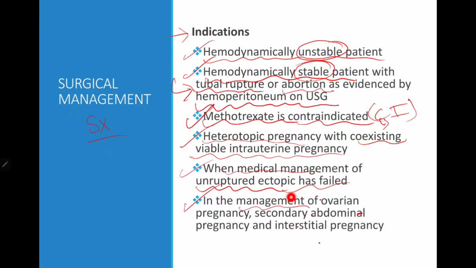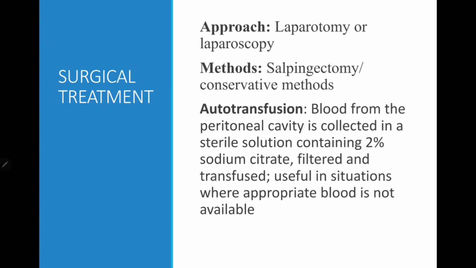In the management of ovarian pregnancy, secondary abdominal pregnancy and interstitial pregnancy, definitely surgery is opted. Now let's look at the approach of this surgery. The main approach of surgery in ectopic pregnancy will be laparotomy or laparoscopy.